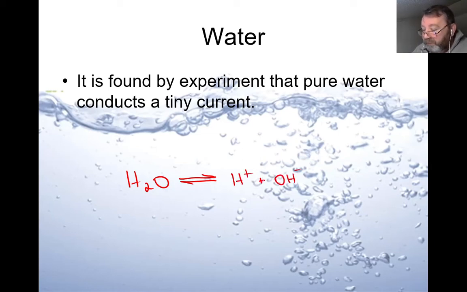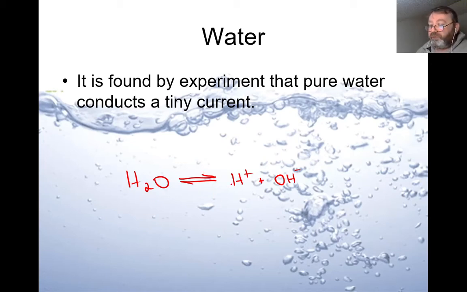Okay, now that does happen. Mind you, it only happens perhaps to one molecule in every 500 million. So it's a very, very tiny amount we're talking about here. However, it is small enough in order to allow a tiny current to pass through pure water. But what I want you to notice is this, that water, because the dissociation is automatic, builds up an equilibrium with its own ions.